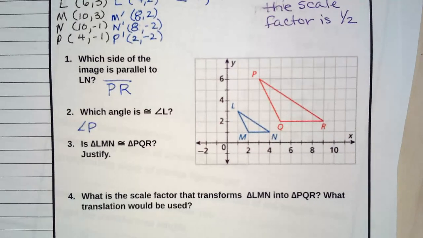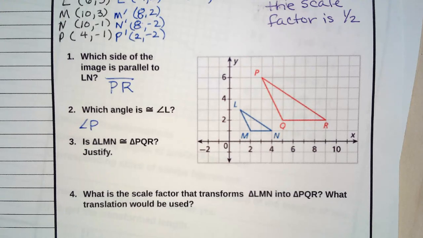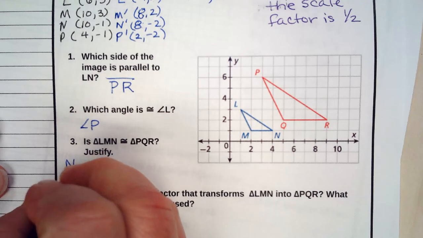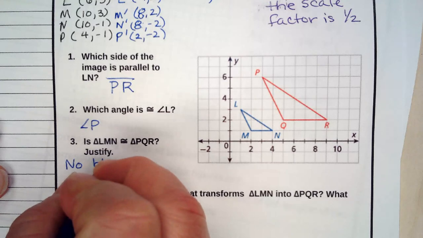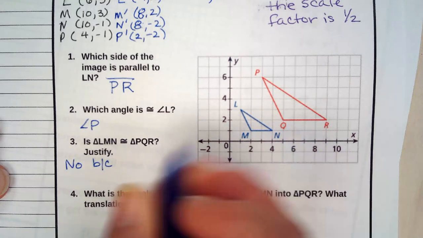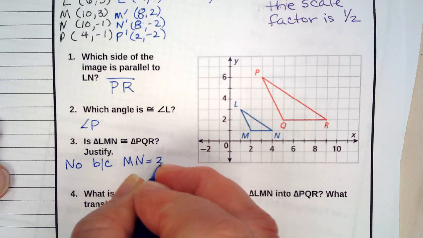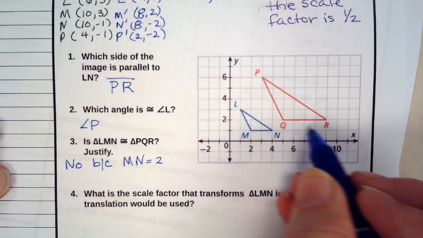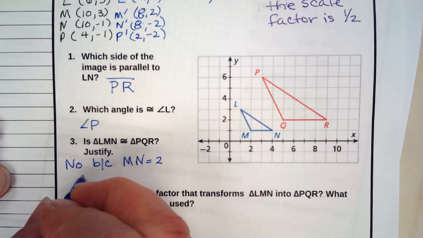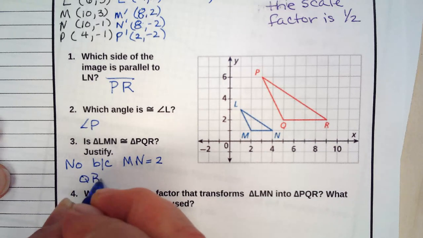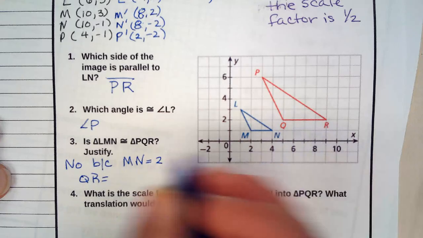Okay, is triangle LMN congruent to triangle PQR? It is not congruent because the length of MN is equal to 2. The corresponding side would be QR is equal to 4.